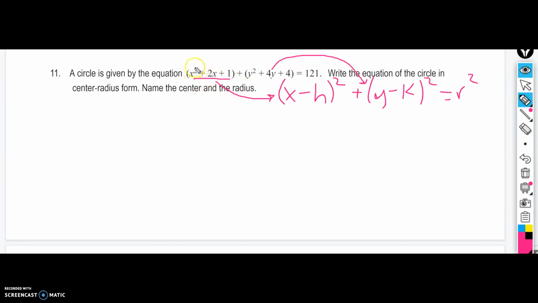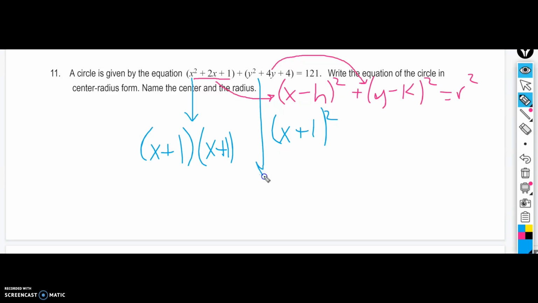Looking at my x's, can I rewrite this as a perfect square? That's what that means. And I can. My perfect square for this, if I were to factor this out, I would get x plus 1 times x plus 1, which is the same as x plus 1 squared.